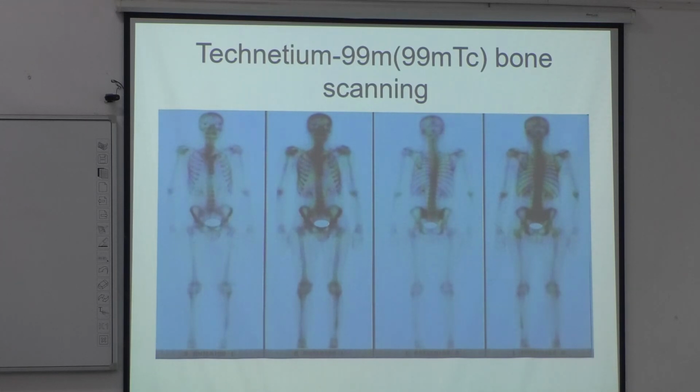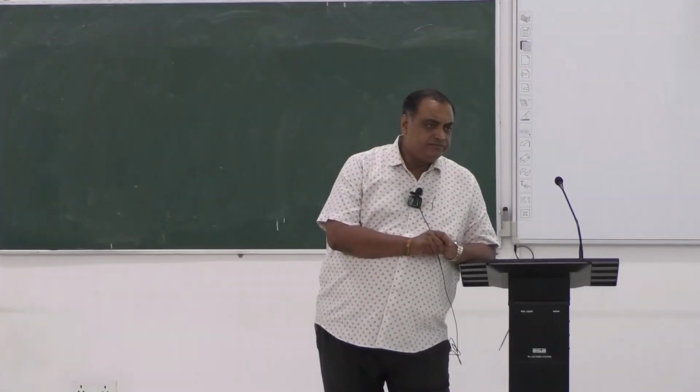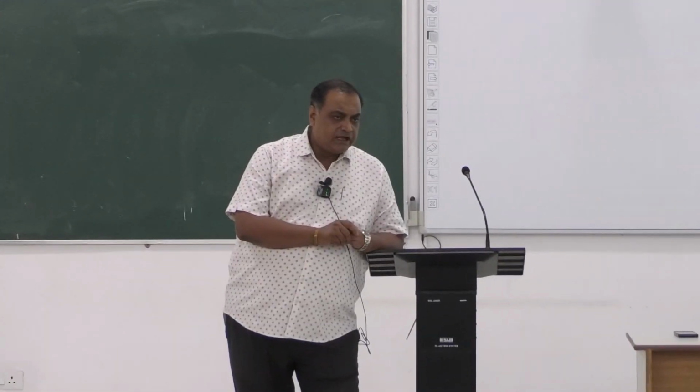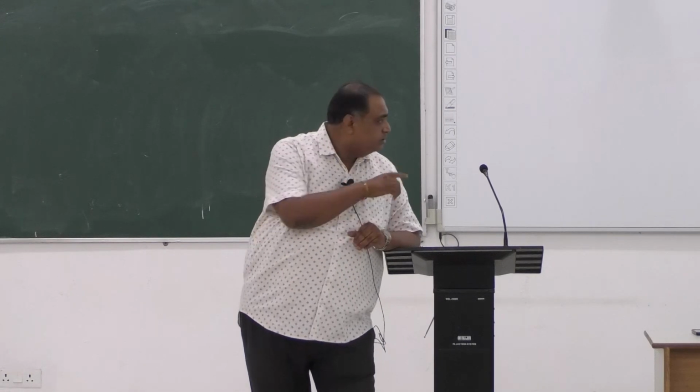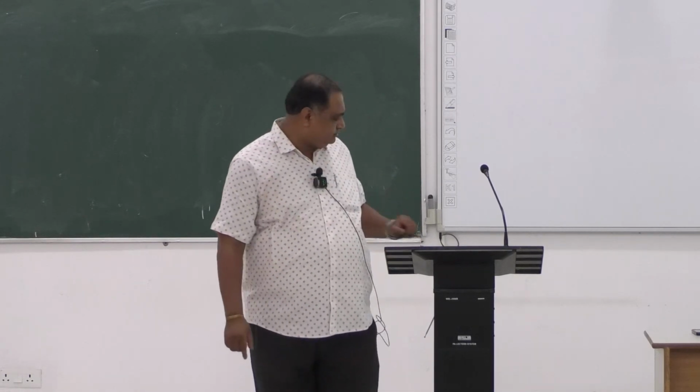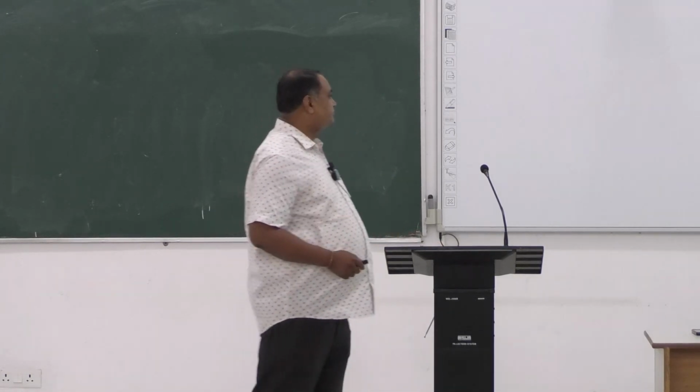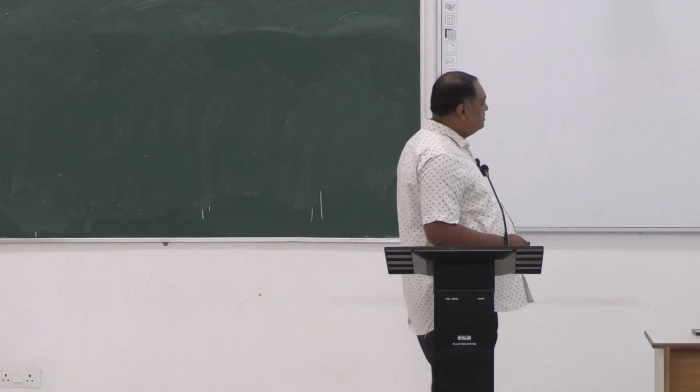M stands for metastable. So this element is injected into a patient and it goes to several places. If it is injected for bone scanning, it will give the result.